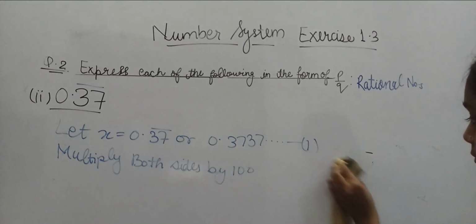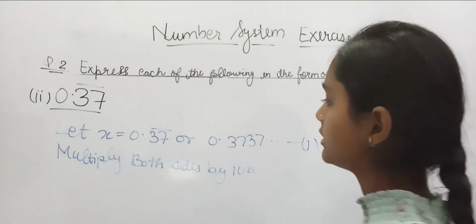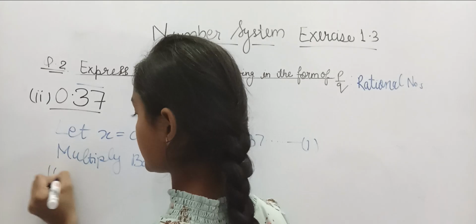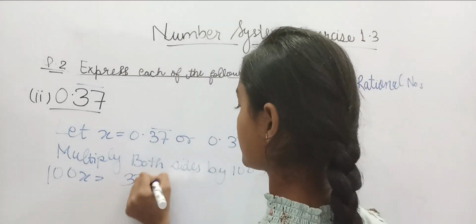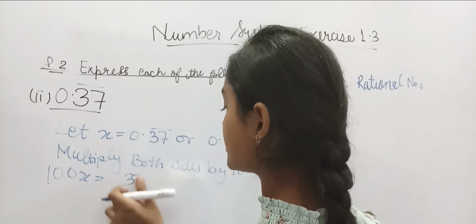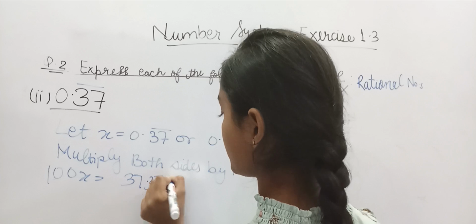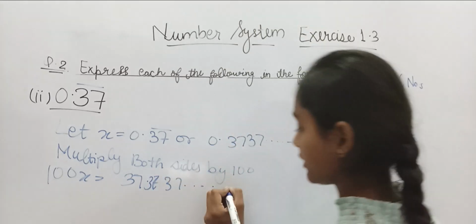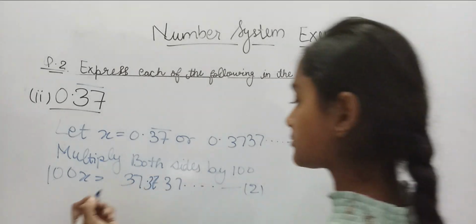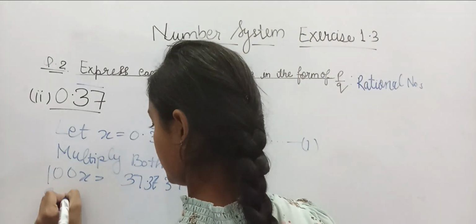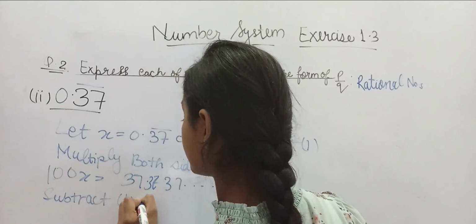Moving on, we multiply with 100. So 100x is equal to 37.3737 and so on. This would be the second equation. Now we subtract first from second.